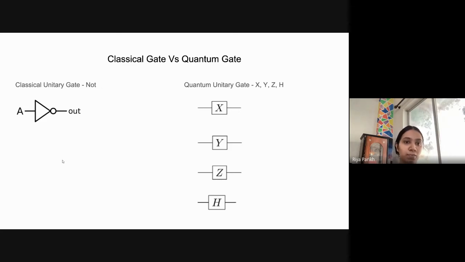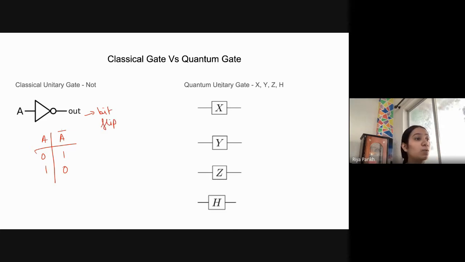So we know our NOT gate, and let me write its truth table, 0, 1. When we apply 0 to the NOT gate, it will convert it to 1, and when we apply 1, it will be 0. So what happens is a bit flip, right? The NOT gate does a bit flip.